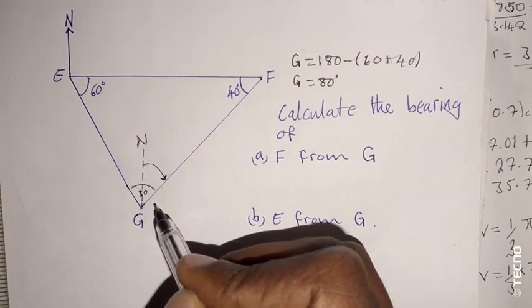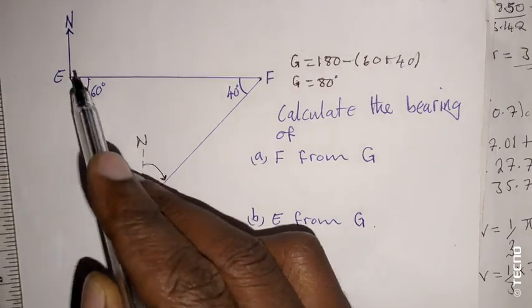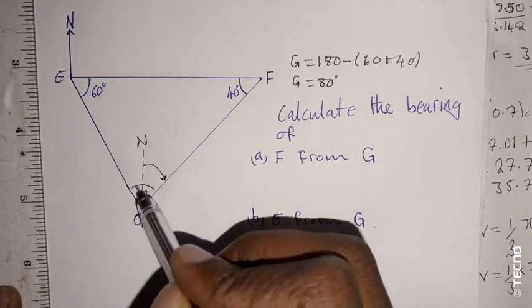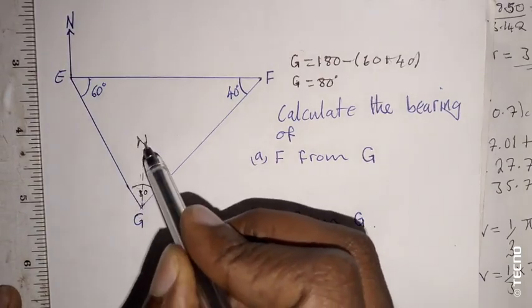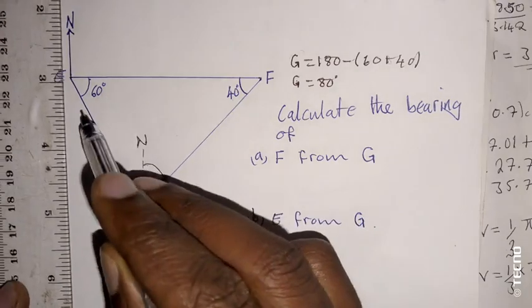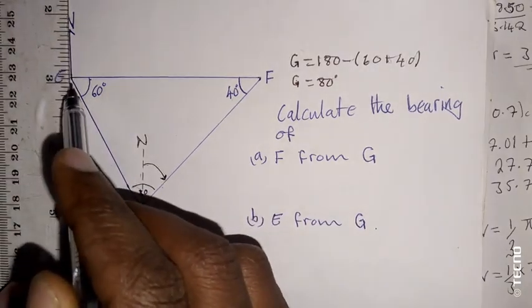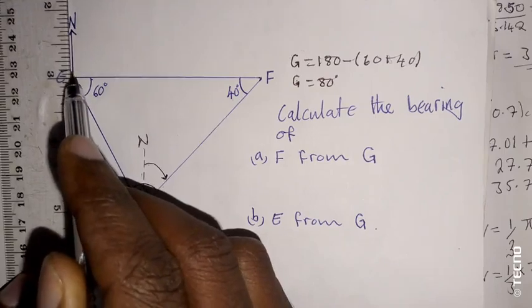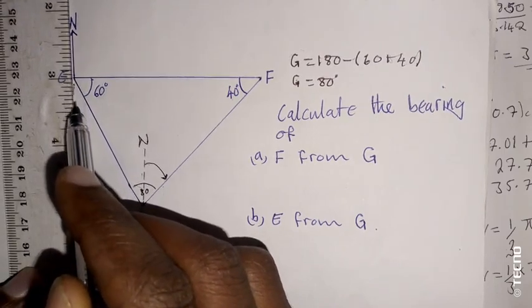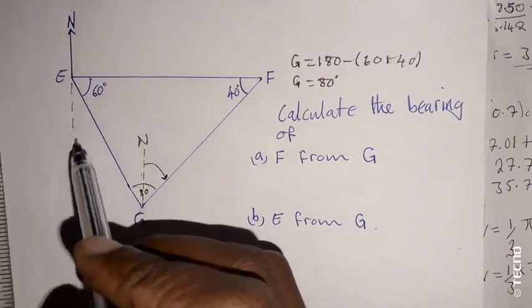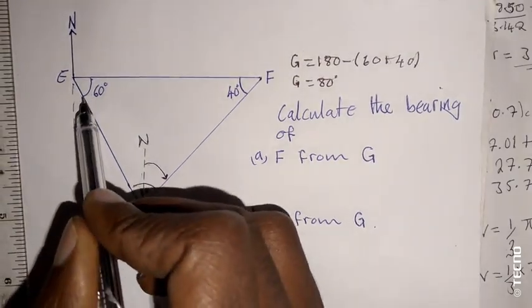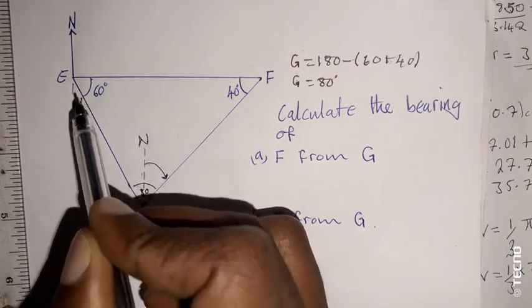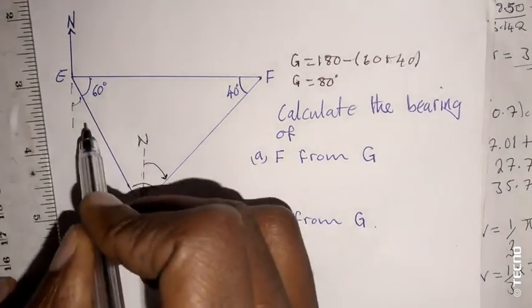Having this movement, we're going to use the information that we have on this side to find the angle at this side. When you say NG, this side, we're going to extend this side. We can extend here, since there is a north line. So now we can find the angle at this point.